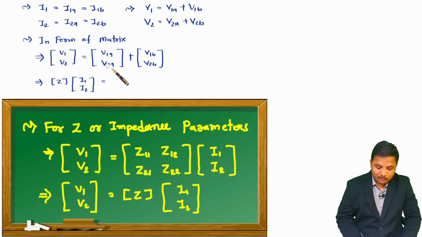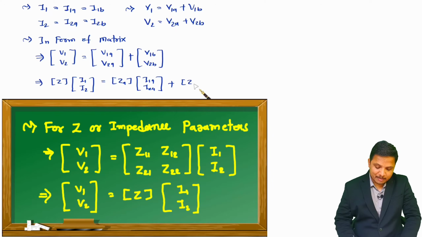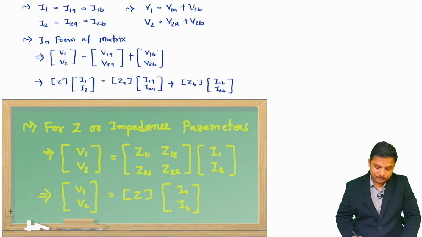When we talk about V1A, V2A, that is two-port network A, so you can write Z matrix of A into I1A, I2A. And for V1B, V2B, it is Z matrix of B into I1B, I2B.